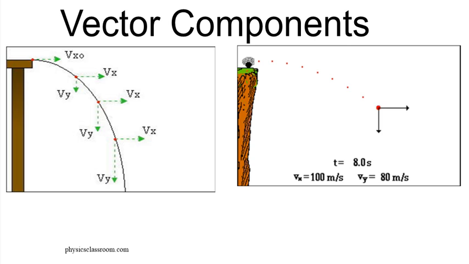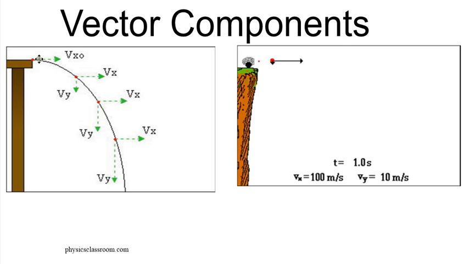Now, vector components. Once we have an object that is moving in both the x and the y, we can split up the velocities into the x and y components, similar to what we did before with our vectors. If you see here with a horizontal projectile, initially, it only has velocity in the x. It has 0 velocity in the y.